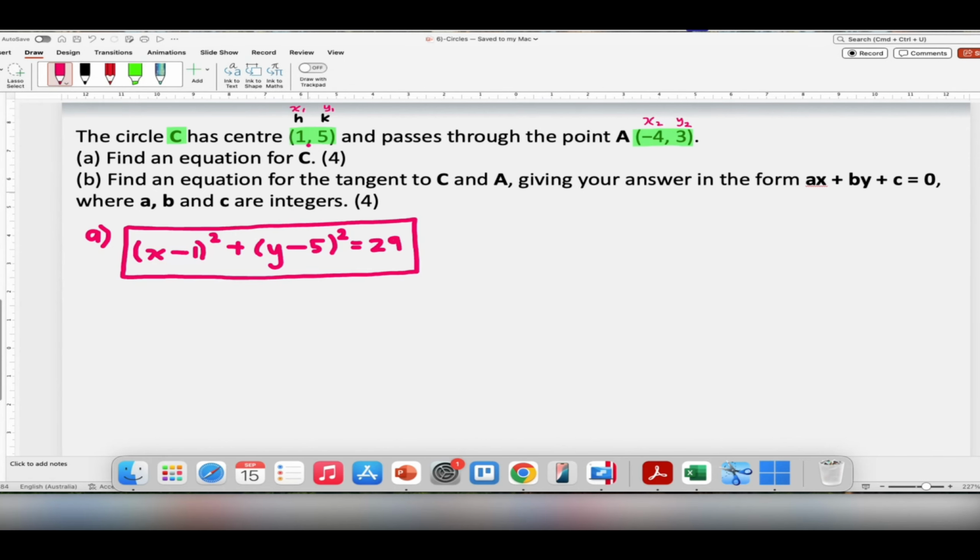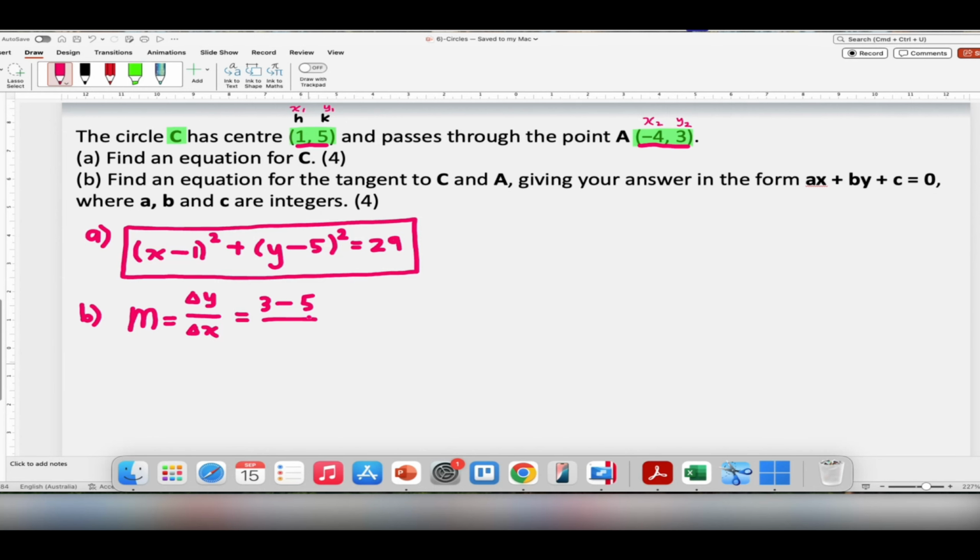Okay, so here we have the center, it's (1, 5), and we are going to find the gradient of this line that connects the center to point A. So remember, the gradient is equal to the difference in your y values divided by the difference in your x values. So in this case, it's 3 minus 5 divided by your difference in your x values.